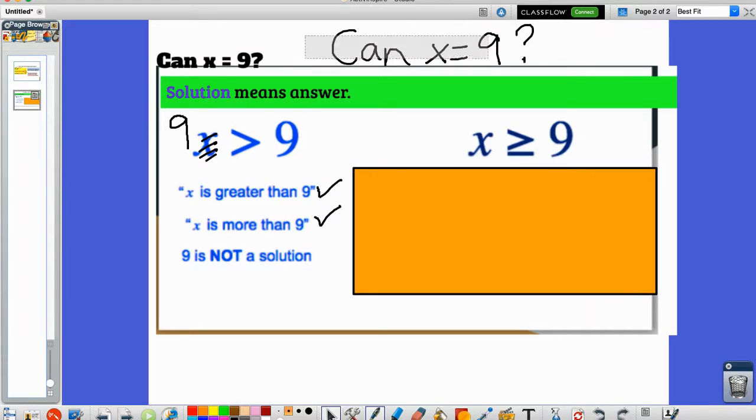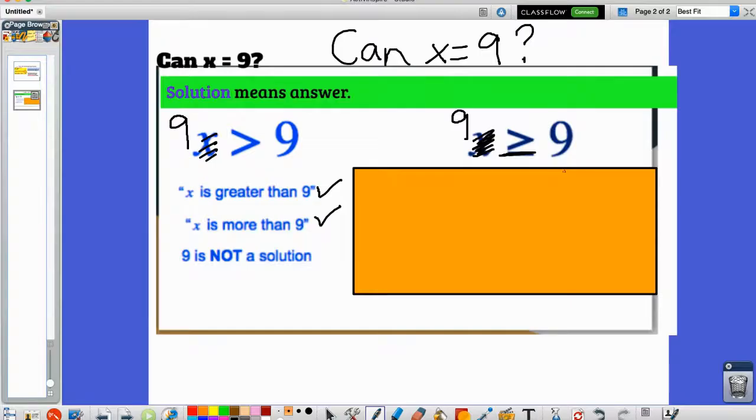All right, let's take a look at the same question again for here. Can x be 9? Let's try it. So I'll take this x and substitute it with 9. All right, let's read it. Is 9 greater than or equal to 9? Well, 9 is not greater than 9. But is 9 equal to 9?